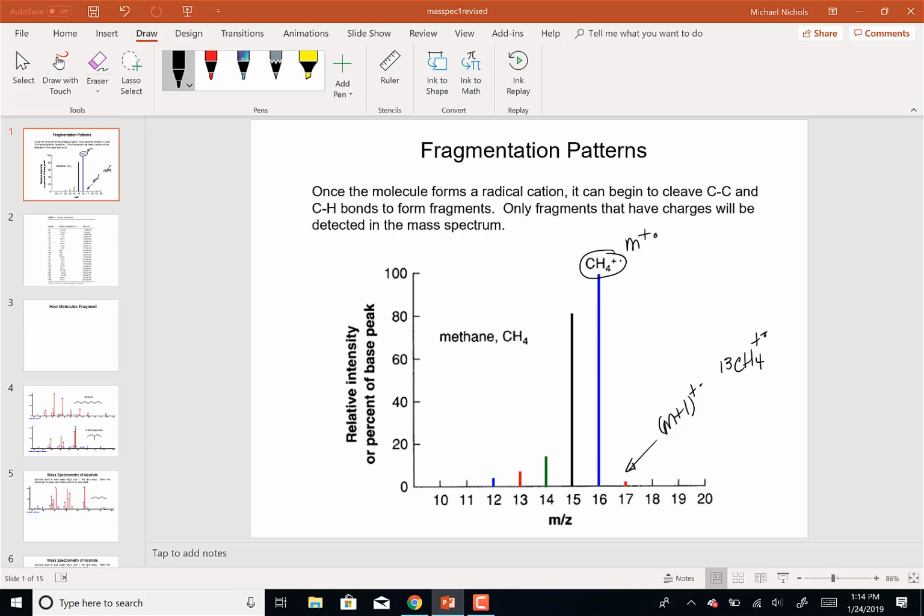So what we're going to look at today is go through functional group by functional group and look at how the molecules fragment. That's important if we wanted to determine the individual fragments in the mass spec, which you can do, and piece the structure back together again. Each one of these is a piece of the molecule, so if you're just going to use mass spectrometry to figure out a molecule, you'd have to know what all those pieces are and then try to put them together. We're not going to get that detailed.